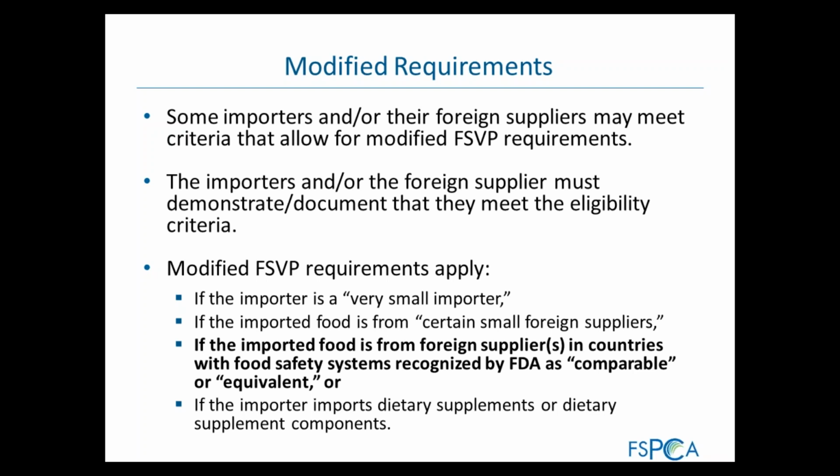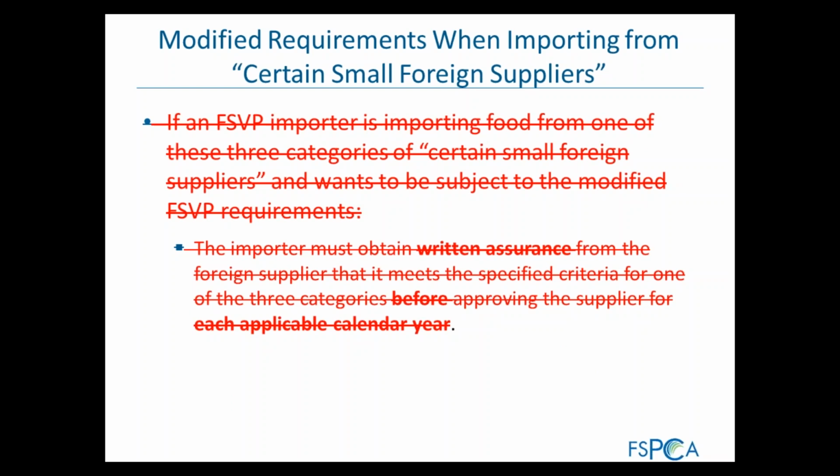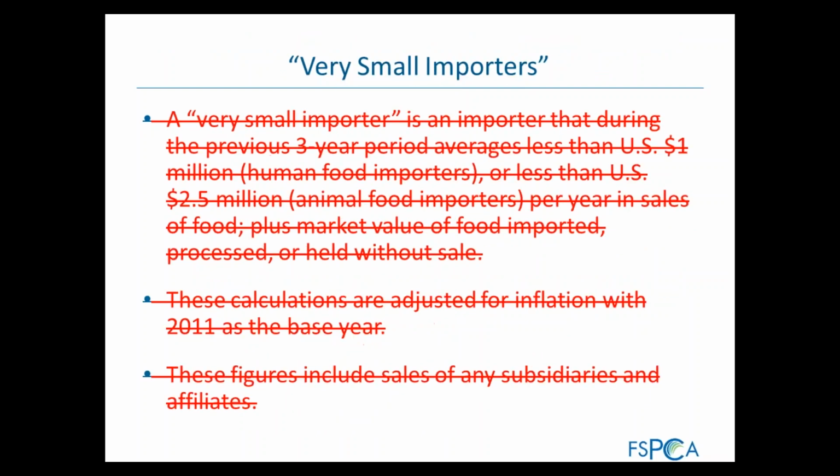So I'll pause here for a moment so that you could read this if you are interested. And of course, these areas are probably, while they're not solely related to human food, they're more applicable to human food. So I'm also not going to spend a lot of time talking about exemptions and qualified facilities.